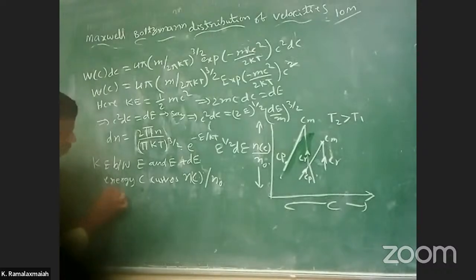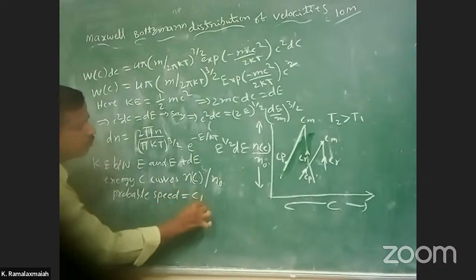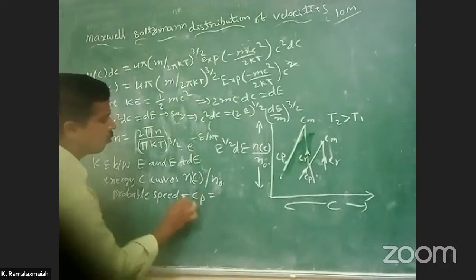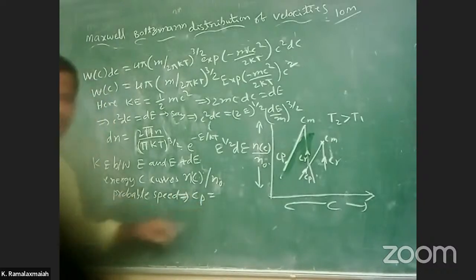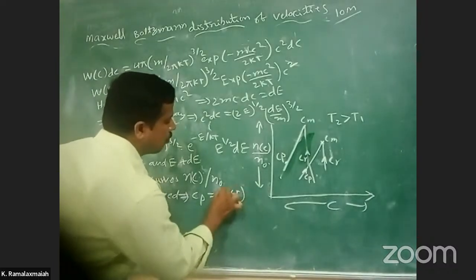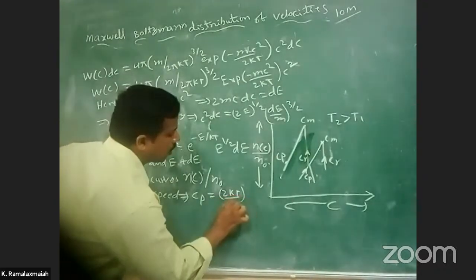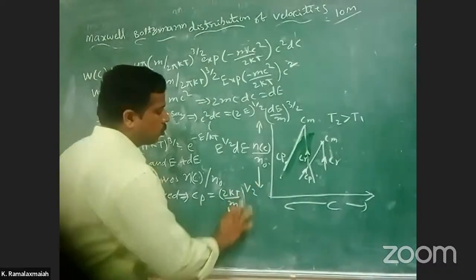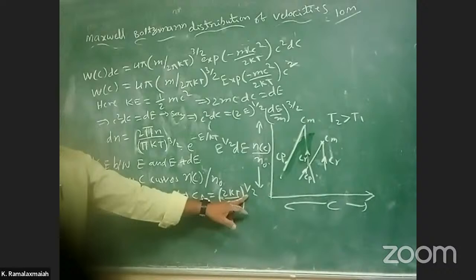The most probable speed CP is equal to (2kT by m) power of 1 by 2.